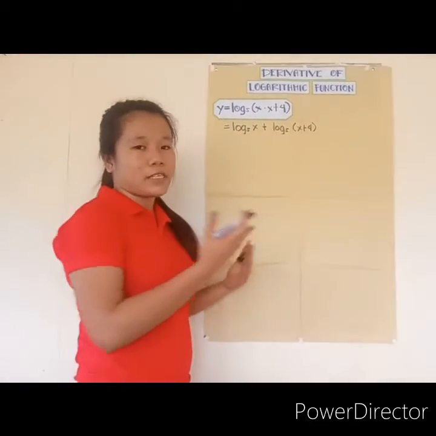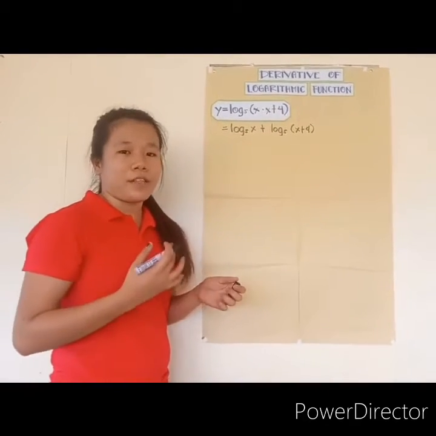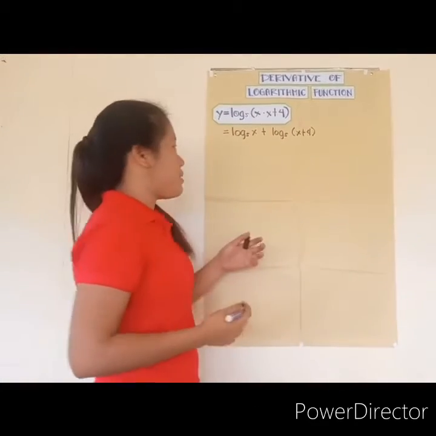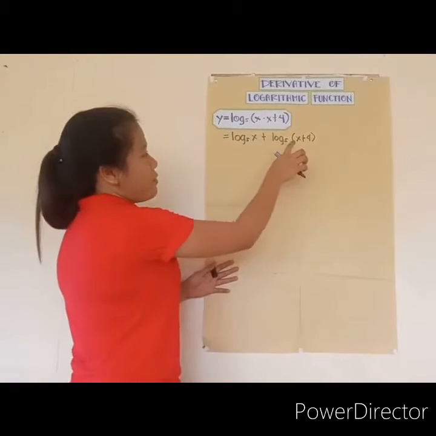In order to derive this problem, we're going to use the sum and difference rule, which is the u derivatives plus v derivatives, where our u is this and our v is this.